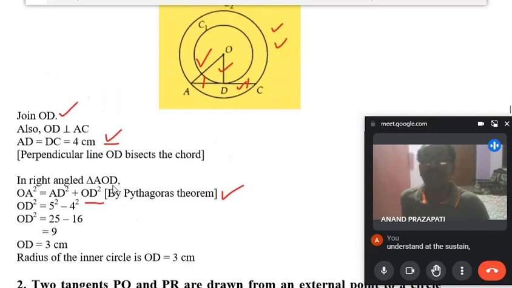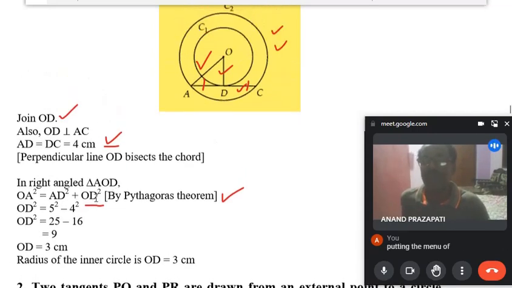Now putting the value of AD and OA, the value of OA and value of AD is given. When we move AD square to the left hand side, then in the right hand side we have OD square.